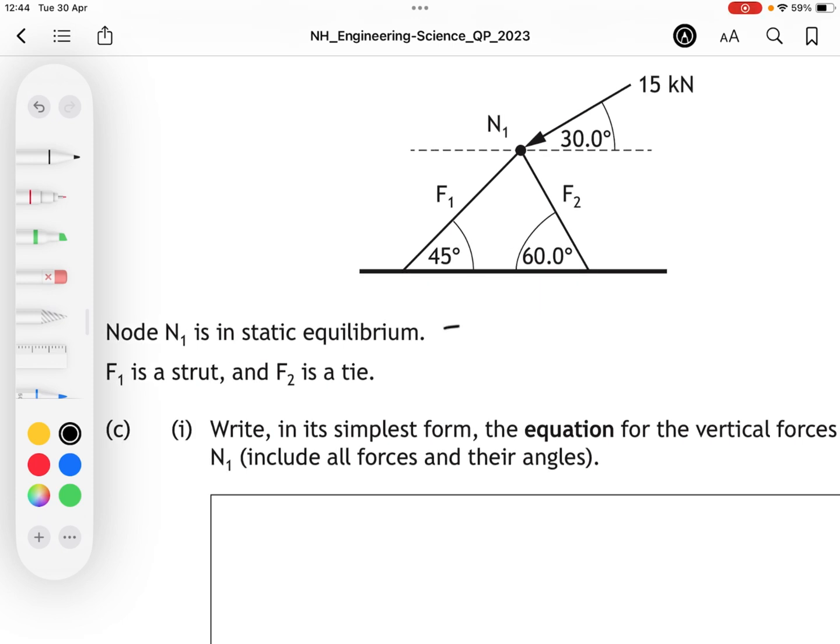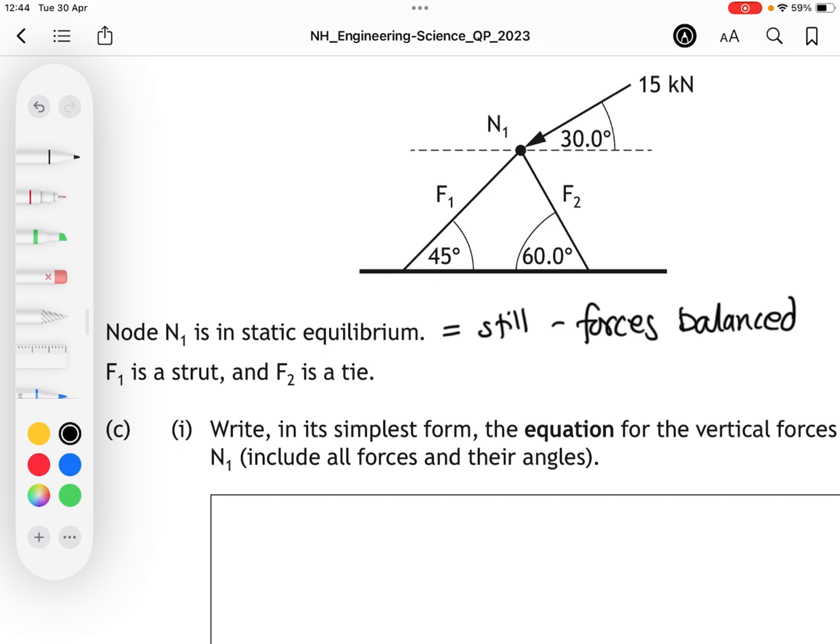So that means that it's still, and all the forces on it are going to be balanced. We're told that F1 is a strut and that F2 is a tie.